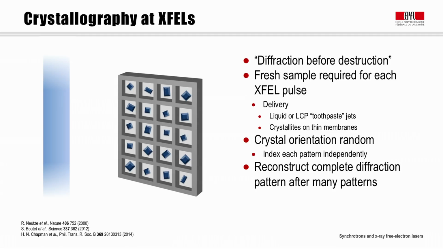Each method has its relative advantages and disadvantages. So, for example, liquid jets are prone to freezing as they expand into vacuum, plus only a very small fraction of the crystallites are ever irradiated. The jet moves at a few meters per second, and this means that at the LCLS, which runs at 120 Hz, the jet moves forward by approximately 5 or 6 centimeters in between X-FEL pulses, a stretch of material which can contain several thousand or even some tens of thousands of crystals.